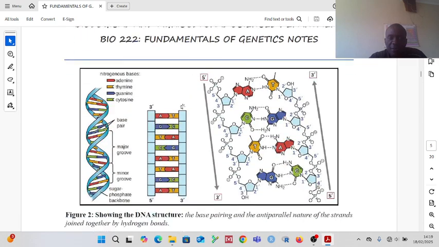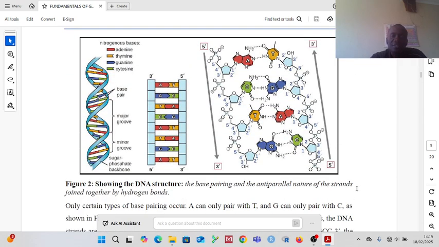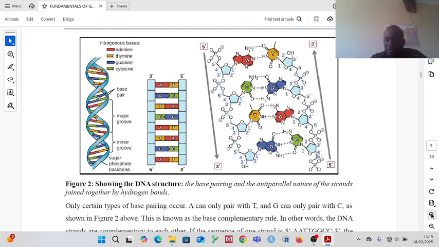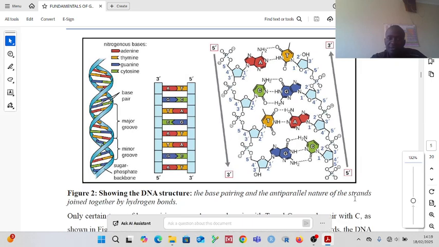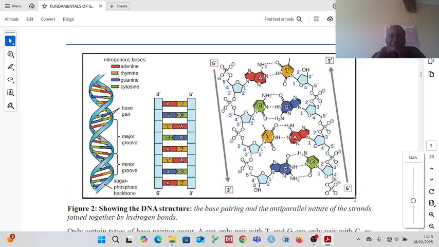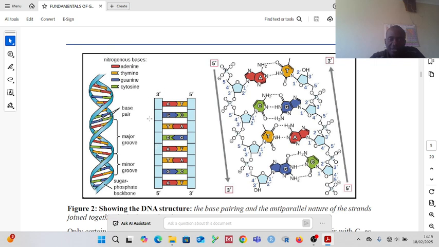But we'll see that better in this figure here. Let me make it bigger. Okay, yeah. So in this figure that we are seeing, which shows us the DNA structure, you realize that if this is 5 prime, this is 3 prime, this is 5 prime.